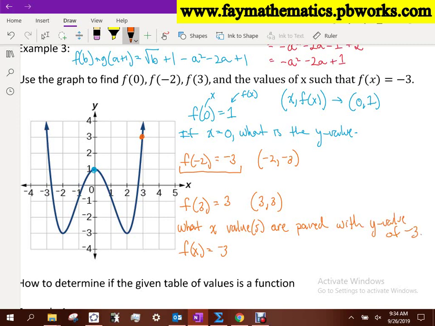It would be so much simpler if that was the phrase they gave us. They, as mathematicians, say f of x equals negative 3 says that statement. It implies that statement. So when I look at that, f of x equals negative 3, what are these input values of x that would produce an output value of negative 3?